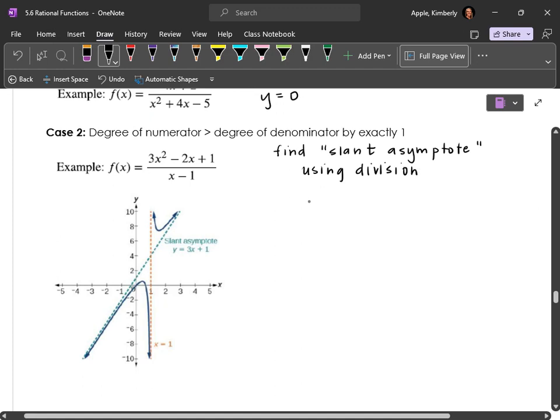In this case, I'm going to use synthetic division, because that's pretty simple. So this would be 3, 3, 1, 1, and 2. Then the quotient is going to give me the slant asymptote, and we ignore the remainder.